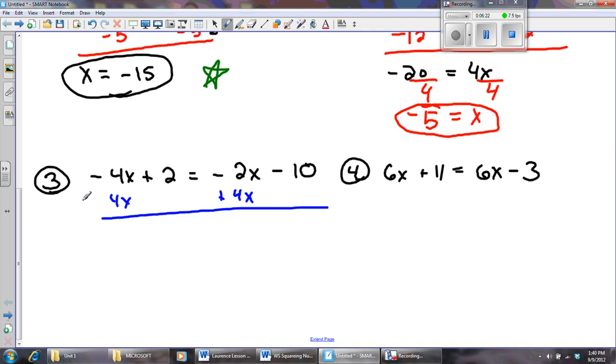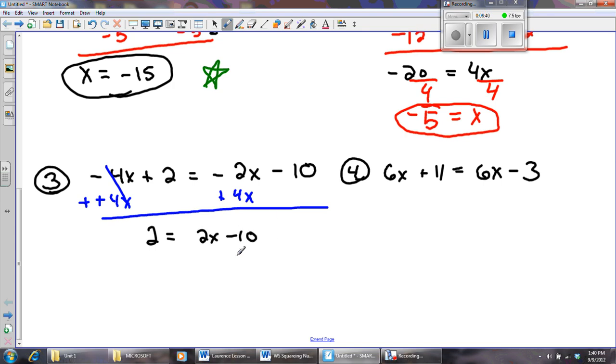So my new equation becomes 2 equals 2x minus 10.